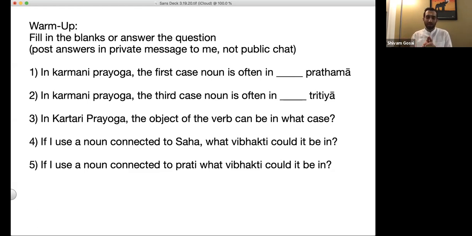Also in the book, you can go back a few pages and reread them before class, just to get a reminder of the different objects connected to the first, second, third case. It's something useful. You'll see even in Vedanta class, you'll start seeing some of the vibhaktis for the words we see in Upanishad. That's really exciting. You'll start seeing that this is Prathama Vibhakti, this is Tritiya Vibhakti. Maybe I can point that out more as we go into Upanishad class.